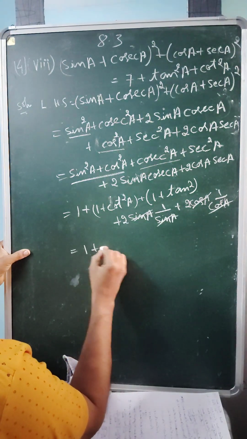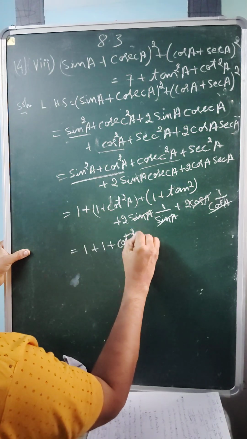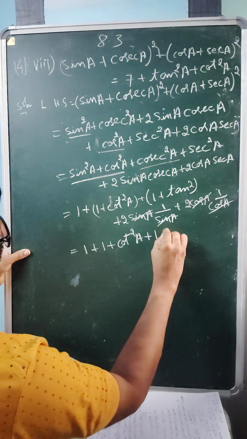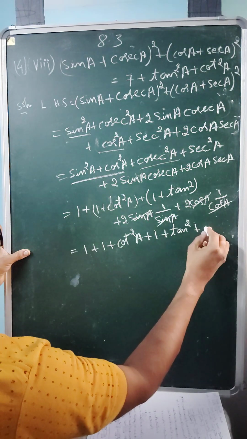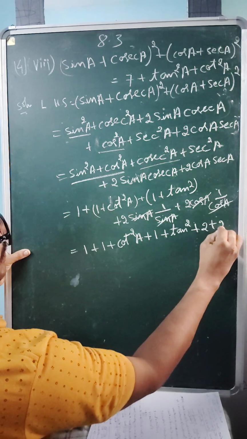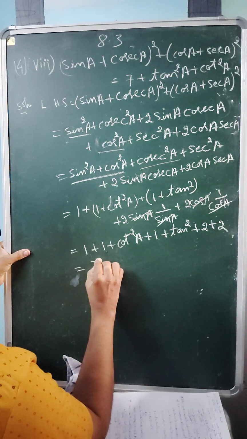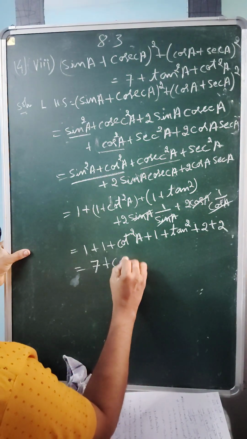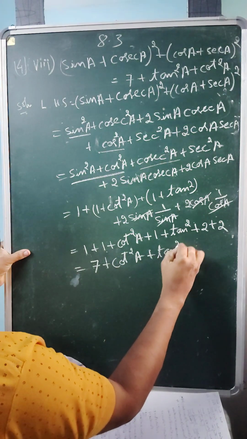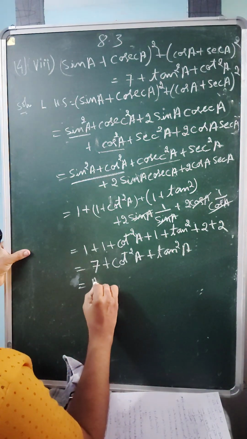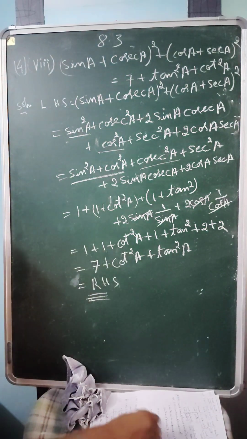It is equal to 1 plus 1 plus cot square A plus 1 plus tan square A plus 2 plus 2, which is equal to 7 plus cot square A plus tan square A. This is the RHS. This is the value for the required question.